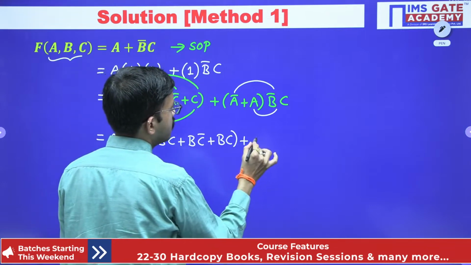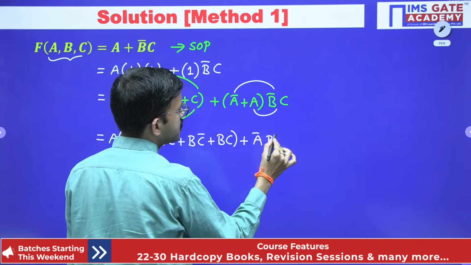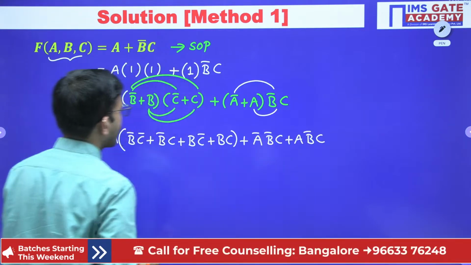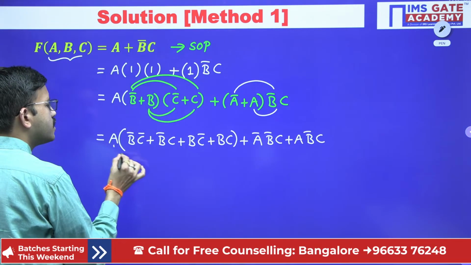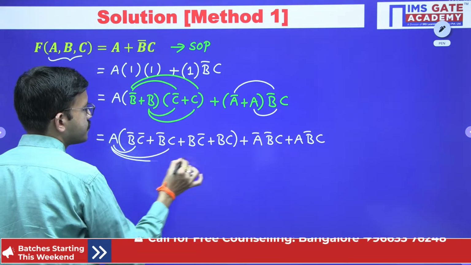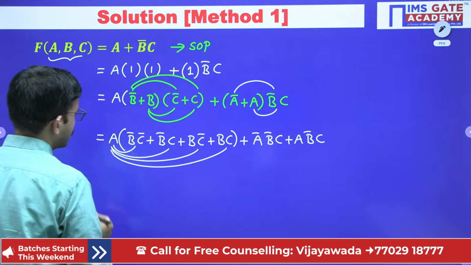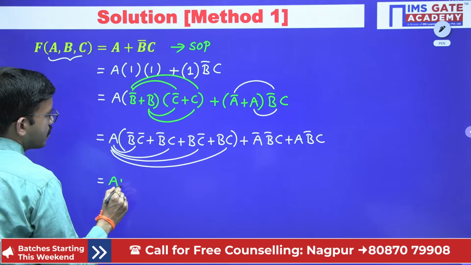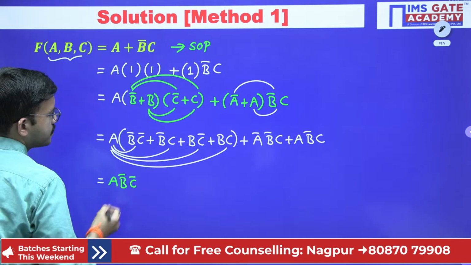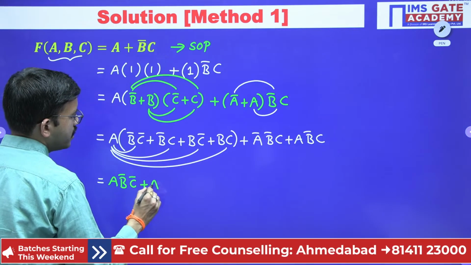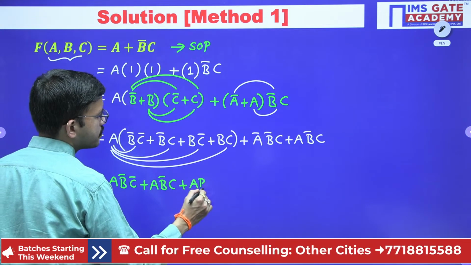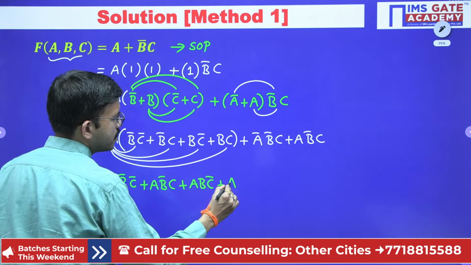So A bar B bar C plus A B bar C. Now multiply A with all these 4 terms. From here you will get A B bar C bar, then A B bar C, plus A B C bar plus ABC.